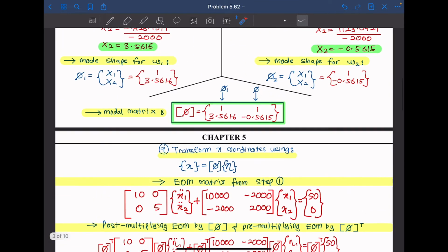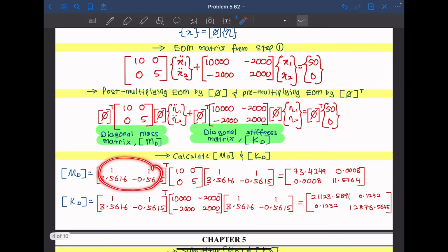We know that our modal matrix just now is 1, 1, 3.561, and negative 0.5615. For the pre-multiplication, it is the transpose of the modal matrix.